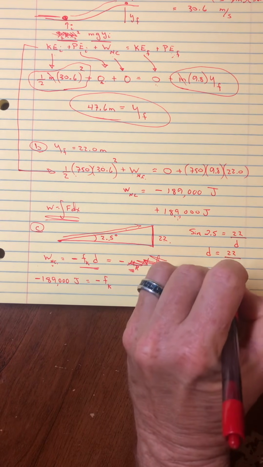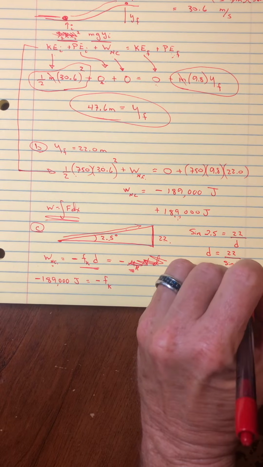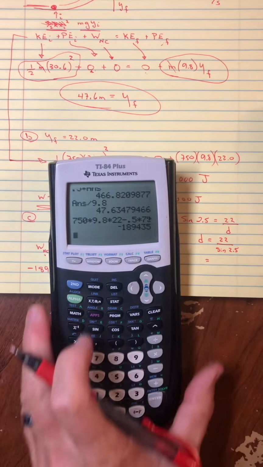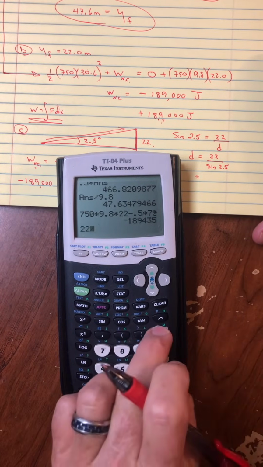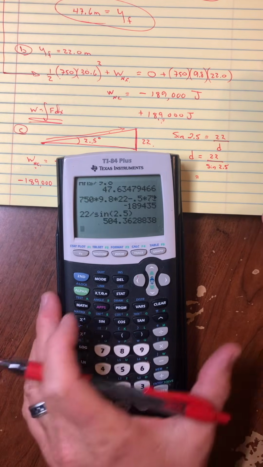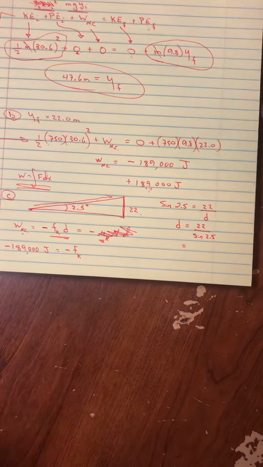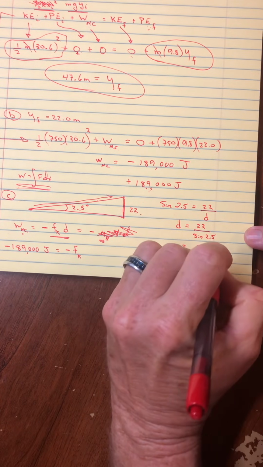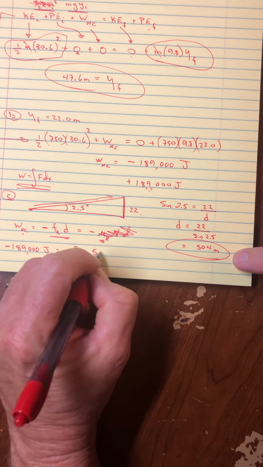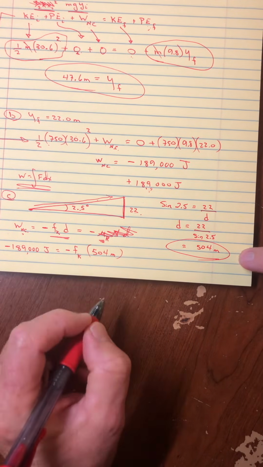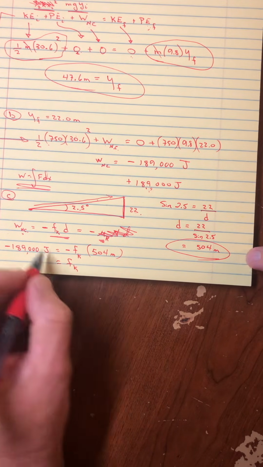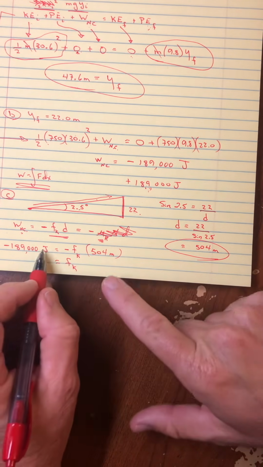And so distance traveled would be 22 divided by sine of 2.5 degrees. And so this is 504 meters. Okay, so I'm going to put this over here, 504 meters. And I'll also remember, in this last step, that a joule is a newton times a meter.